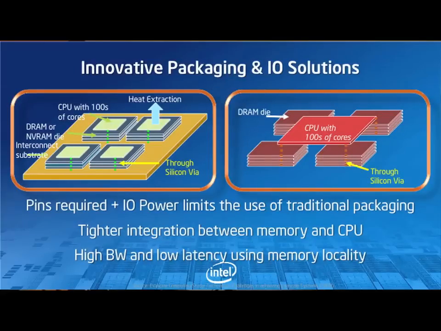And then there are very innovative packaging and I/O solutions. On the left-hand side, what we've got is processors stacked on top of memory die, with through silicon vias connecting the memory elements to the processor, and those together in a multi-chip module. And each one of those now can be thought of as a separate node within a supercomputer, with an interconnect connection going out of that. What you used to think of as a socket is now actually 4 sockets, and the only real connection out of that socket is via the interconnect.